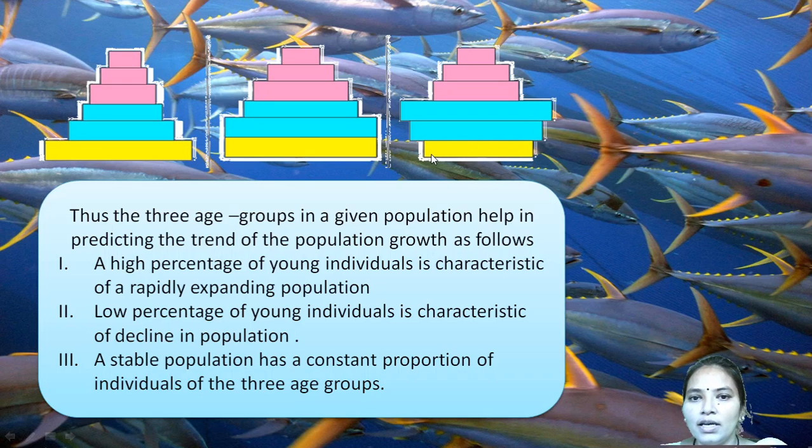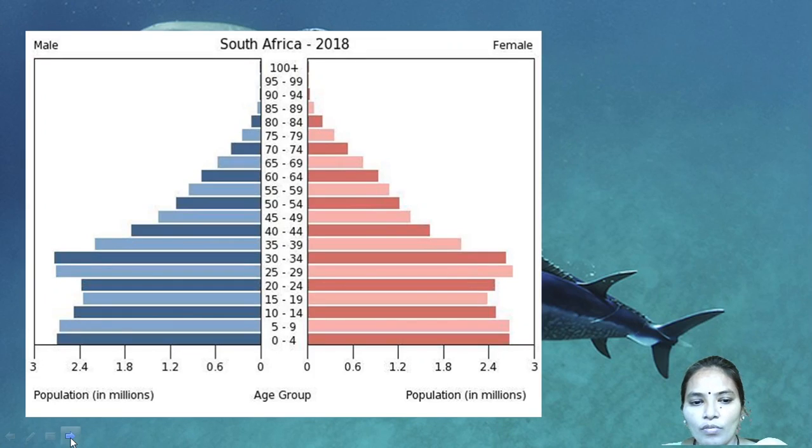Over here we can see that the birth rate is low, hence this is a type of declining population. A stable population has a constant proportion of individuals in all the three age groups. Here we can see a stable population which has a constant proportion of individuals of the three age groups.